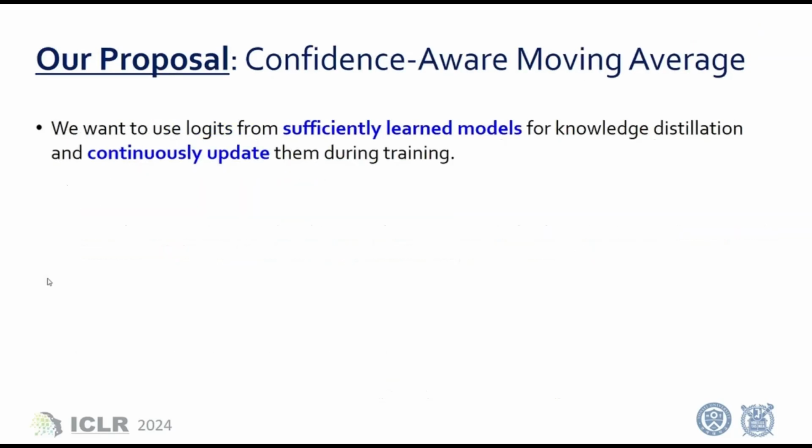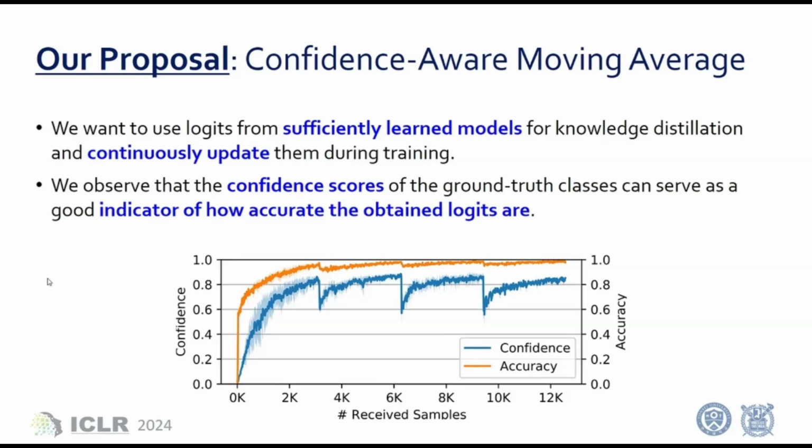To address these issues, we want to use logits from sufficiently learned models and continuously update them during training. Here, we observe that the confidence scores of logits for the ground truth classes can serve as a good indicator of how accurate the obtained logits are.